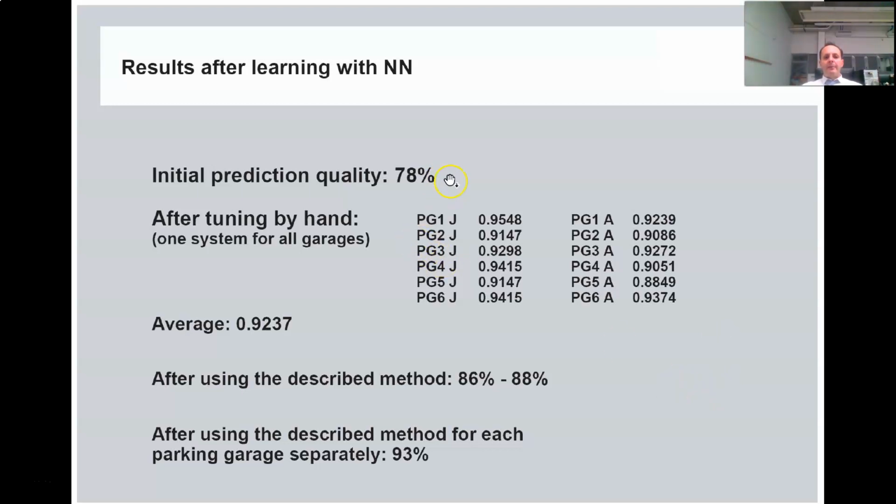So we have a prediction which is very useful because we can provide a forecast of the occupancy of your garage depending on the data we are using.